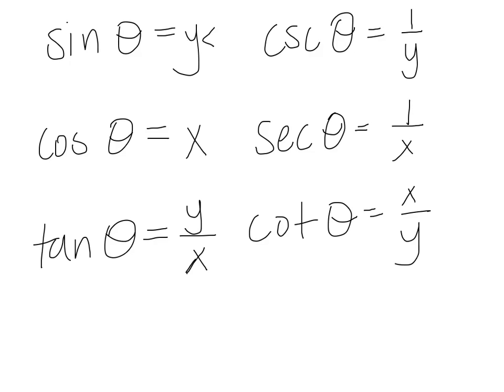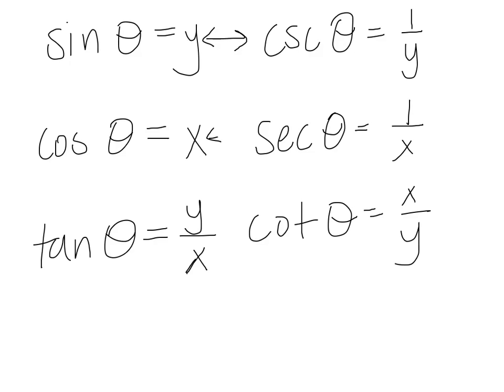How are they different? One of them's y and one of them's 1 over y. They're reciprocals of each other. Whatever the sine is, if you flip that fraction, you have the cosecant.